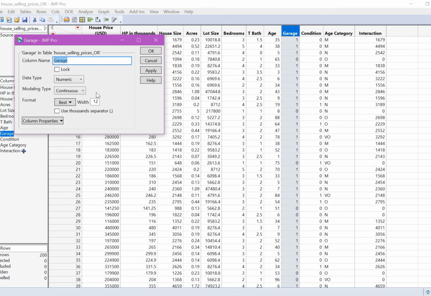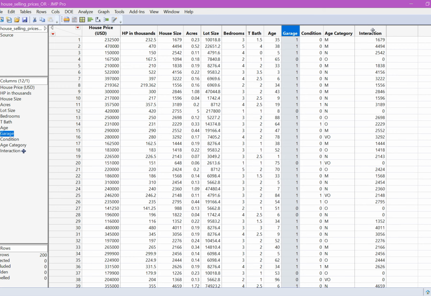We cannot include categorical data in a model, so if we were to make this ones and zeros and leave it as categorical, we would have problems. The goal is to create continuous data so we can talk about an increase from level 0 to level 1, that 1 unit increase. So make sure that your data are numeric and continuous when you create an indicator variable.